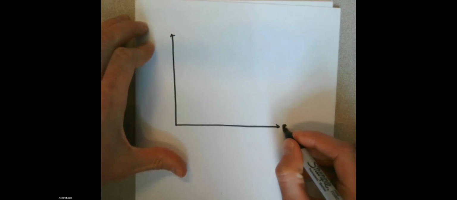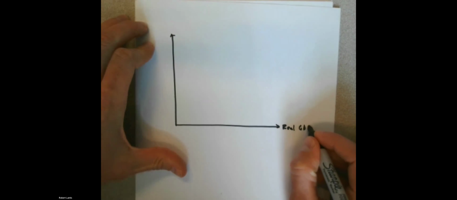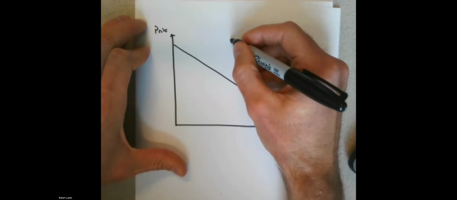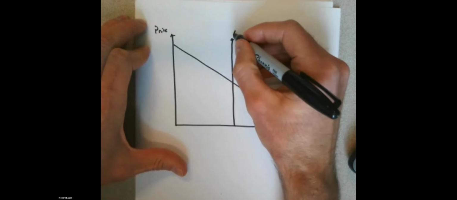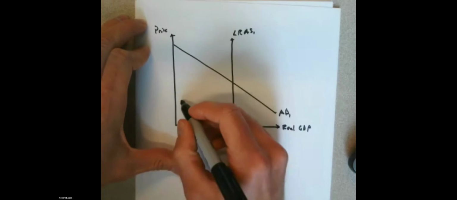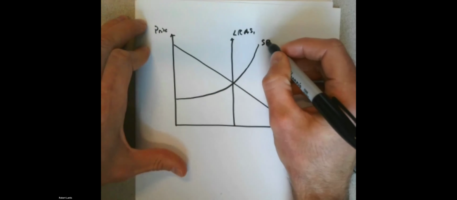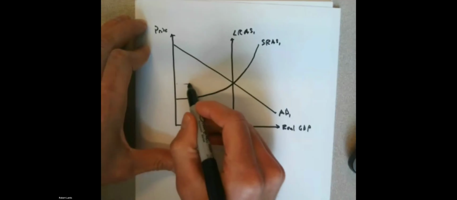Okay. So we've got real GDP, the relationship between that and prices. I've got my aggregate demand curve. I've got my long run aggregate supply curve. Let's assume we start out here in equilibrium.